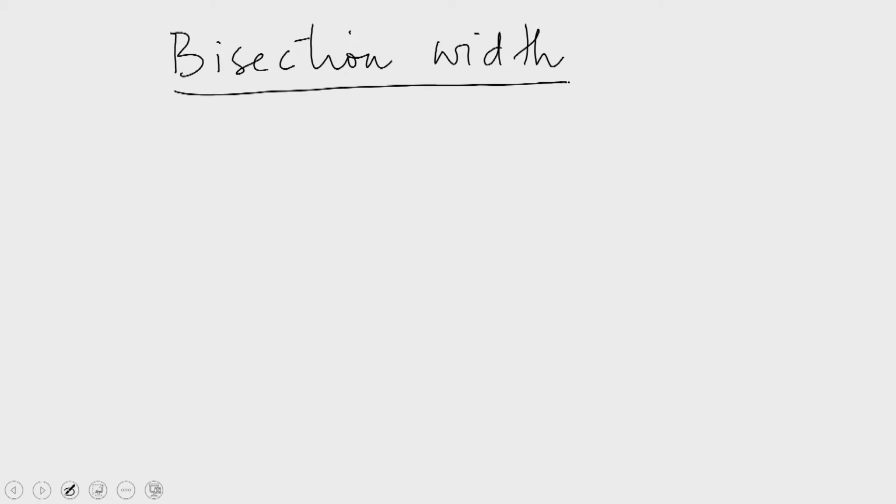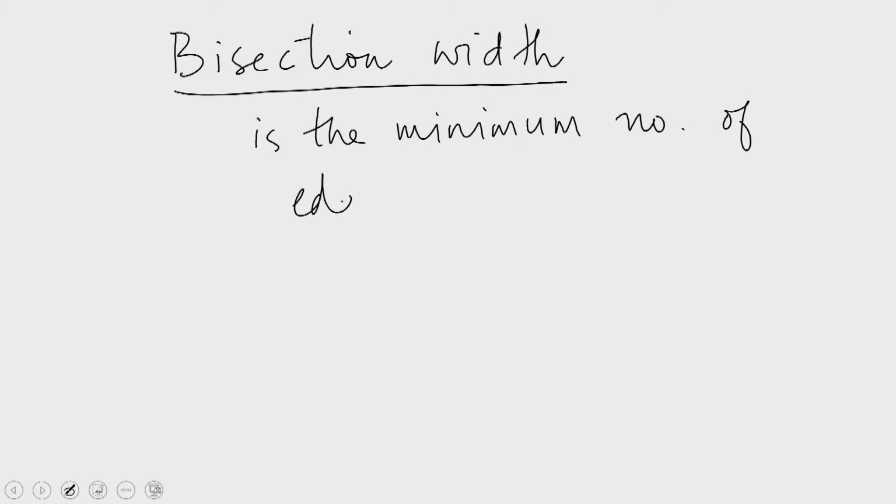Another parameter that we shall often be talking about is the bisection width. The bisection width of a network is the minimum number of edges that must be removed to bisect the network.